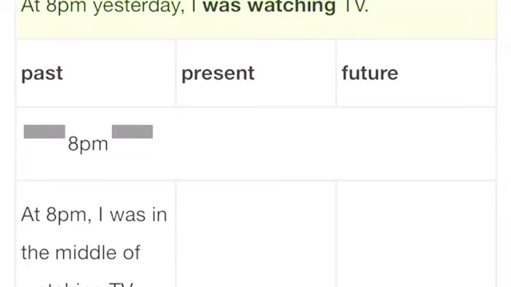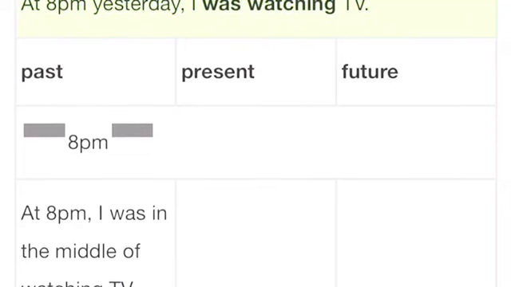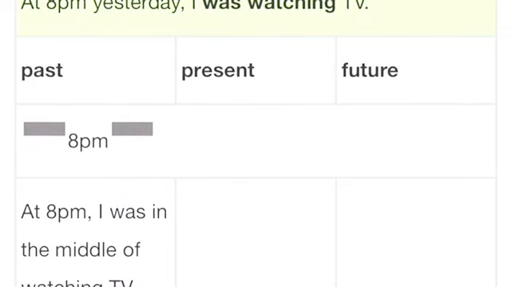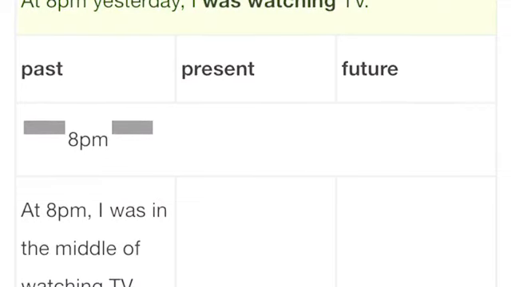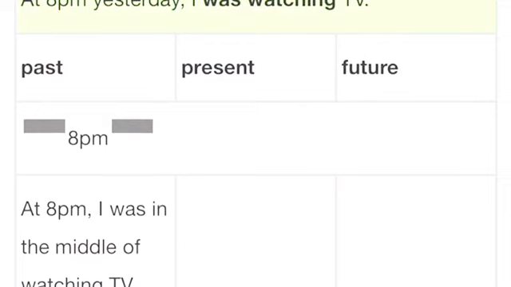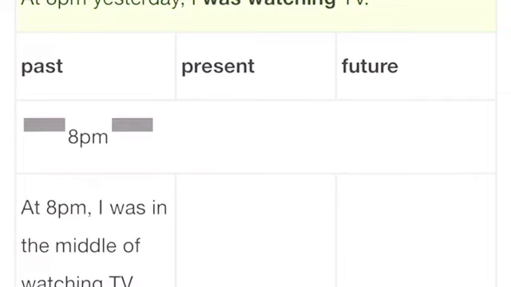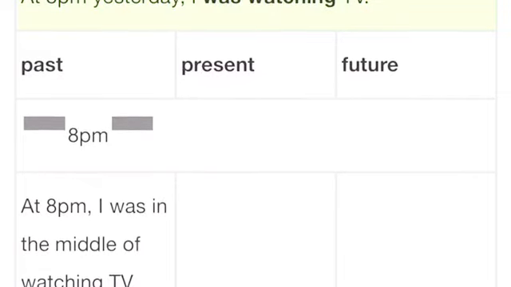This is why, if you see that past, present and future bar graph, it clearly shows that you have committed an action in the past, somewhere at 8 p.m. Got it? So our listener knows or understands what time we are talking about. I'll give you a few other examples, like I was working at 8 p.m. last night. Got it?